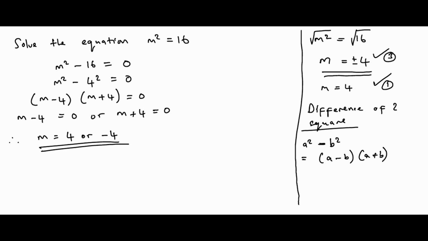Zvakangofanana nekuti m is equals to plus or minus 4, because panapa ndo pana plus 4, apa paripo pana minus 4. Saka kana muchikwanisa yenyu, you can do it this as your method number 2, making sure kuti your answer would be plus or minus 4. But I would advise to do this. We are going to learn about cases in our next lesson where we can bend this rule, this 0 rule.